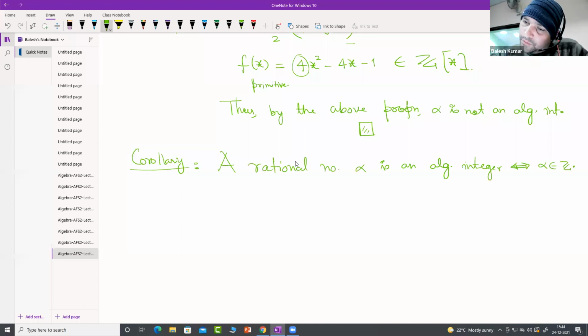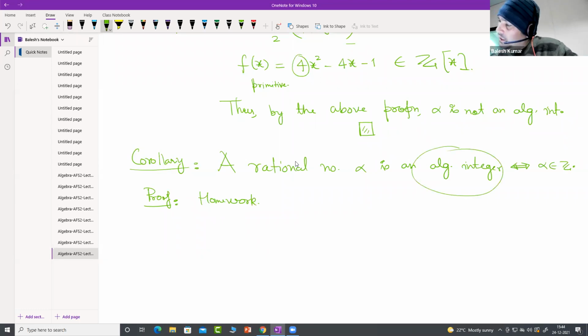You can verify this by yourself, and it is very trivial. As an application of the above proposition, the rational numbers which are algebraic integers are precisely the integers. So in a sense, one can think of algebraic integers as a generalization of the set of integers.